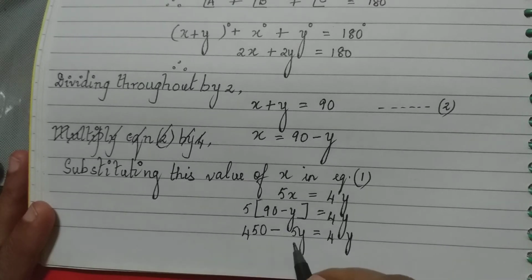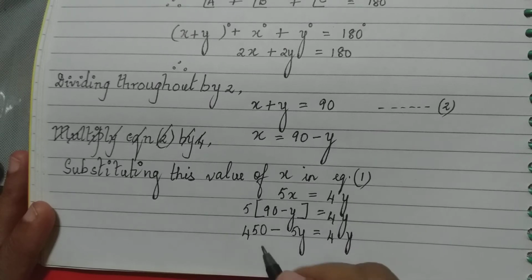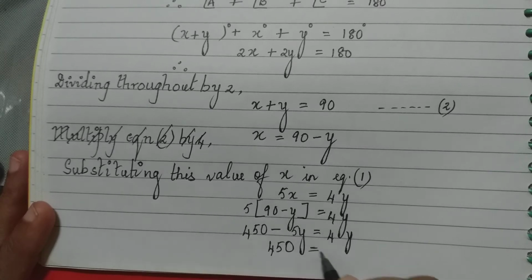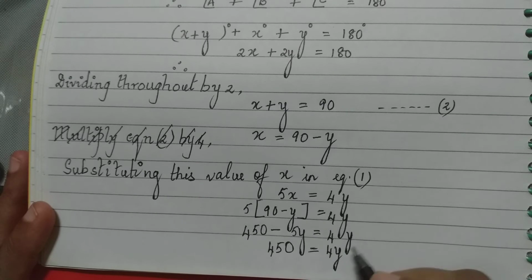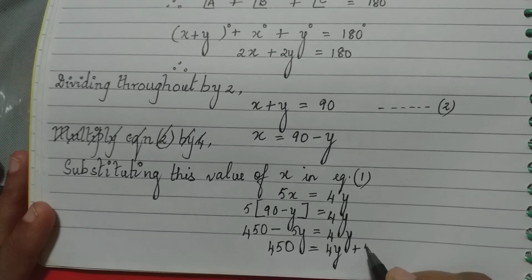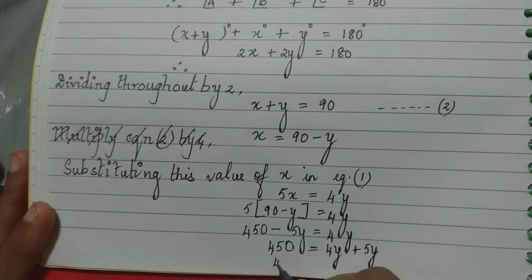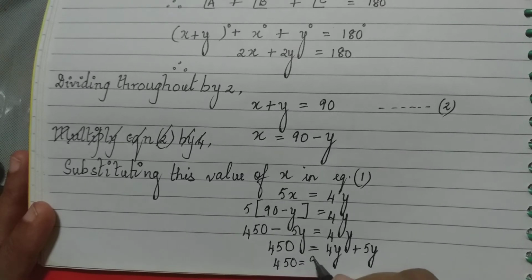Now I will take the variables on the right hand side. 450 is equal to 4y, and minus 5y on the other side will be plus 5y. So we get 450 is equal to 4y plus 5y, which is 9y.